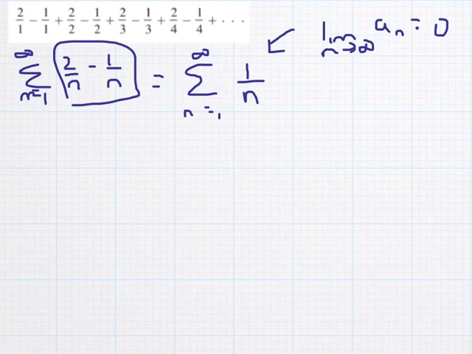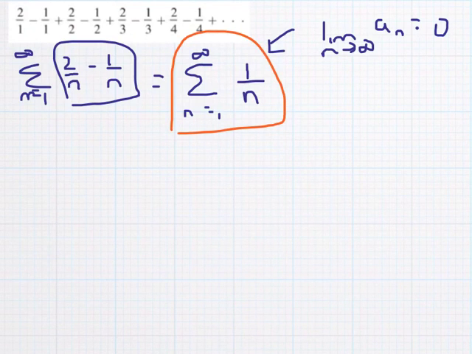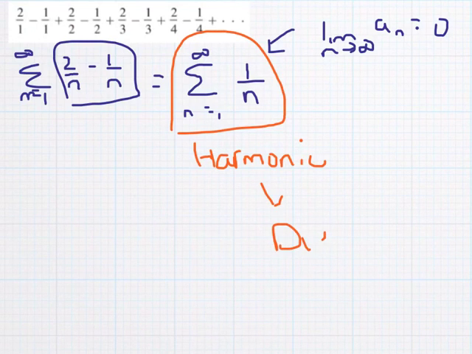But what's more important is you should be able to recognize this as a special type of p-series. You've probably been screaming it the whole time I've been rambling. This is the harmonic series, so it does diverge.